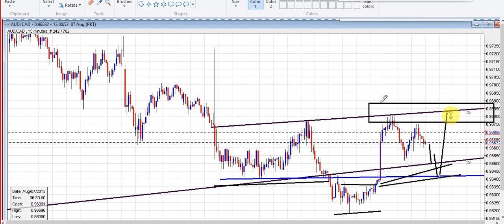So maybe by that time we can have a test here, get a drop back here, and then the next news comes in and might just help fuel a break on the higher side, and we go higher.